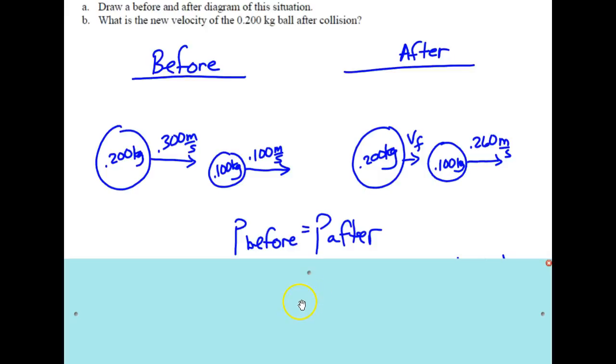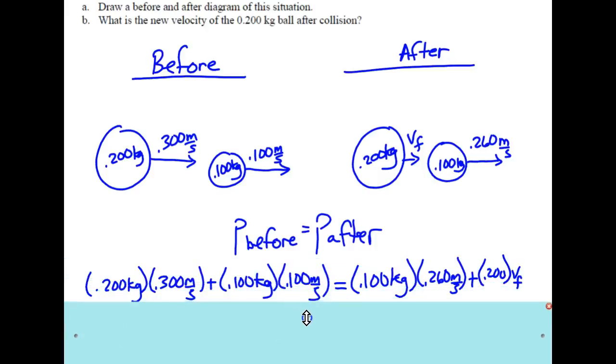What objects, if any, have momentum before? The answer is both and separate. So we have to have separate momentum statements for each object: 0.2 times 0.3 plus 0.1 times 0.1. What objects, if any, have momentum after?